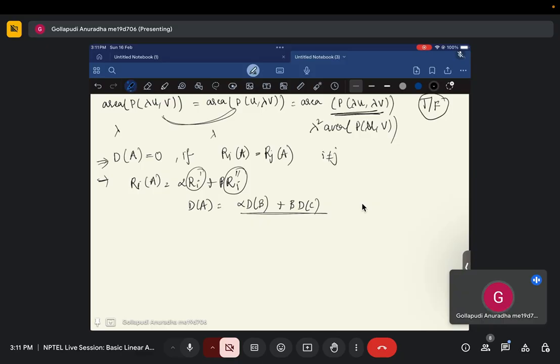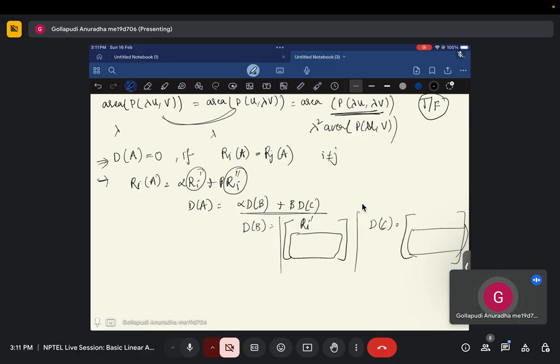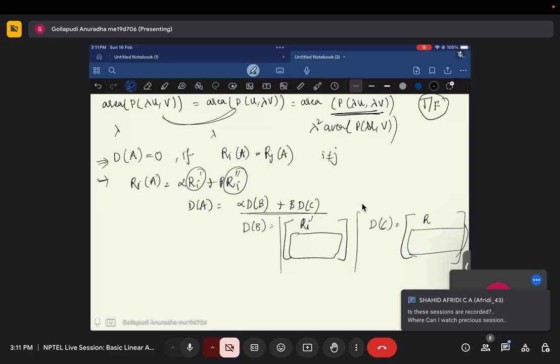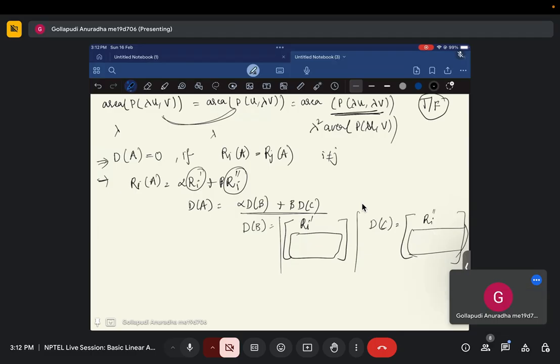Here dB is the determinant of the matrix where all the rows will be the same, but here the row will be Ri dash, and dC will be the determinant of a matrix where all the rows will be the same, but the row is the other linear combination term. We'll see some questions on this.